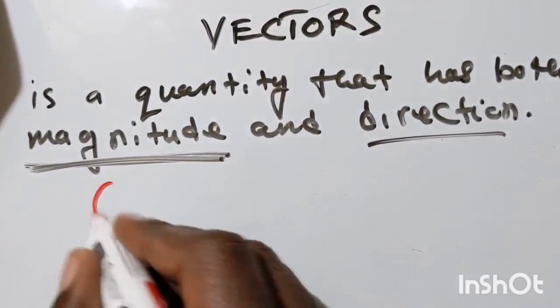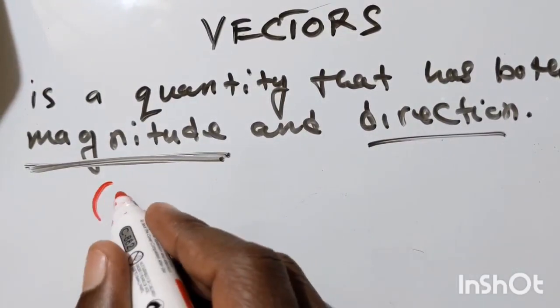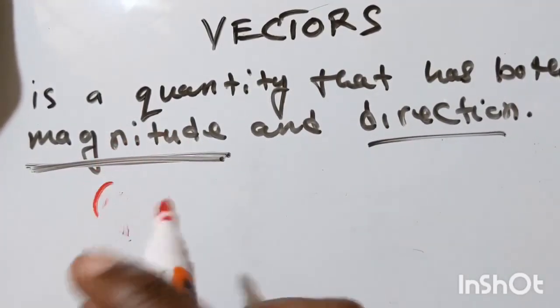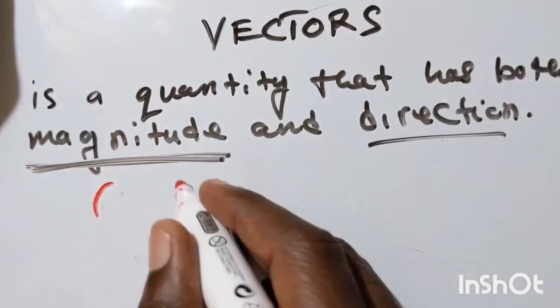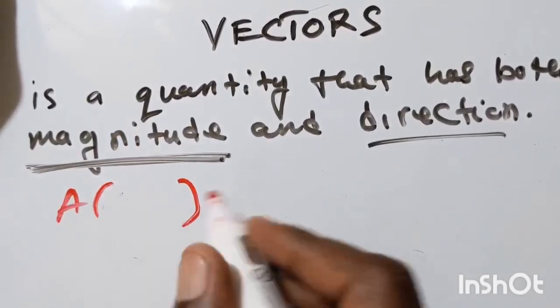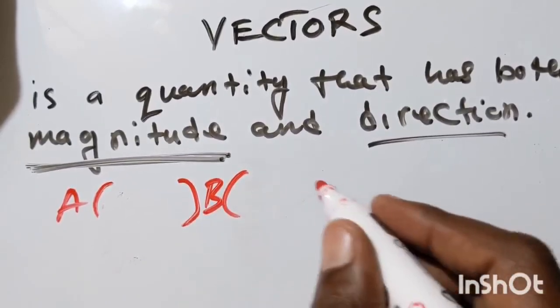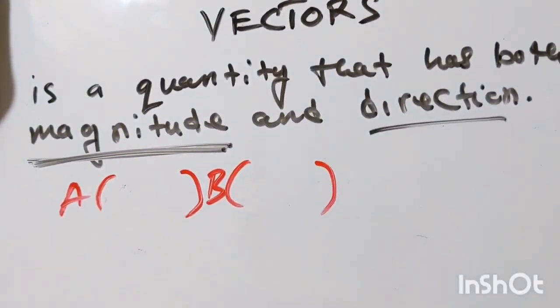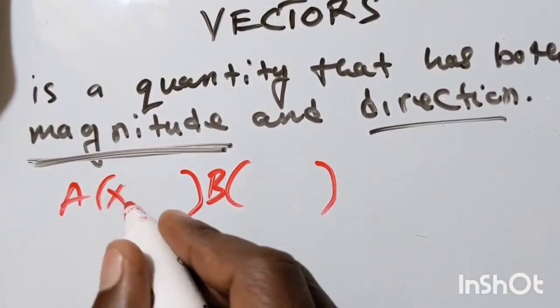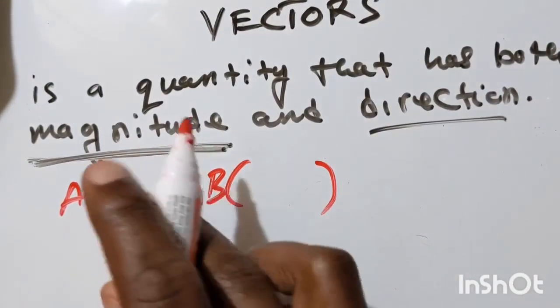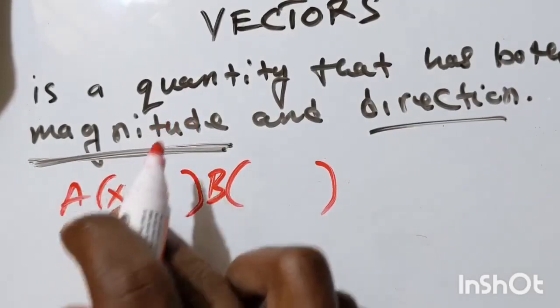So let's say we have the same points. We have 2 points. This is A and this is B. Okay, so let's say this one is x1, y1.